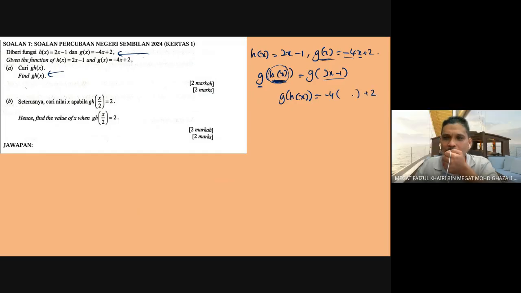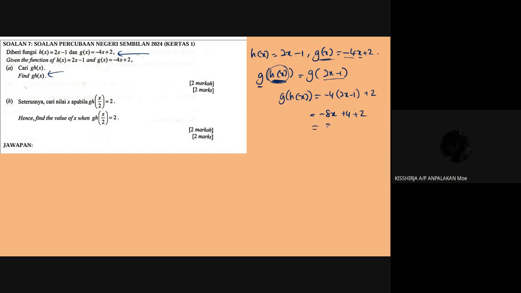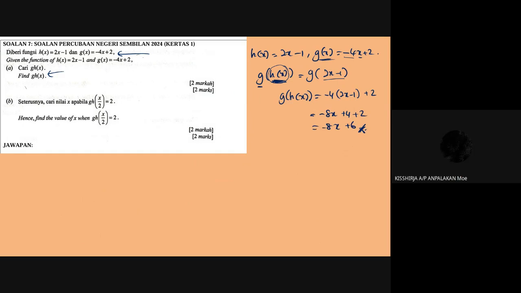Negative 4 times 2x is negative 8x. Negative 4 times negative 1 is plus 4, plus 2. So negative 8x plus 6.